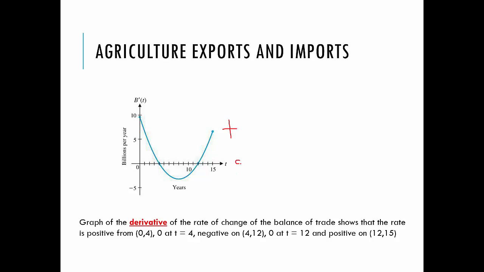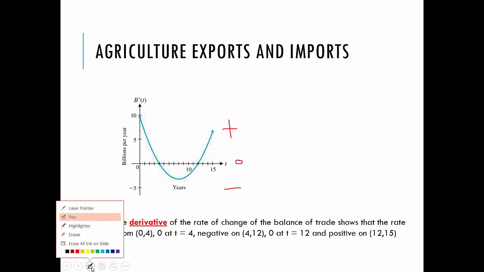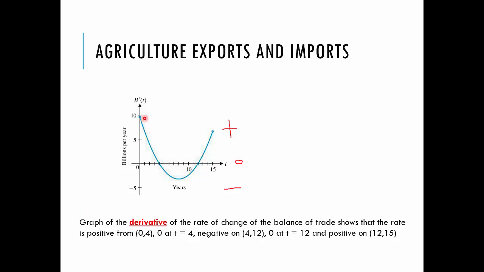If you're on the x-axis, your derivative is 0. If you're below it, your derivative is negative. So basically this is saying my derivative is positive, but it's starting to decrease. It hits 0, it goes negative, hits 0, and then starts to increase.